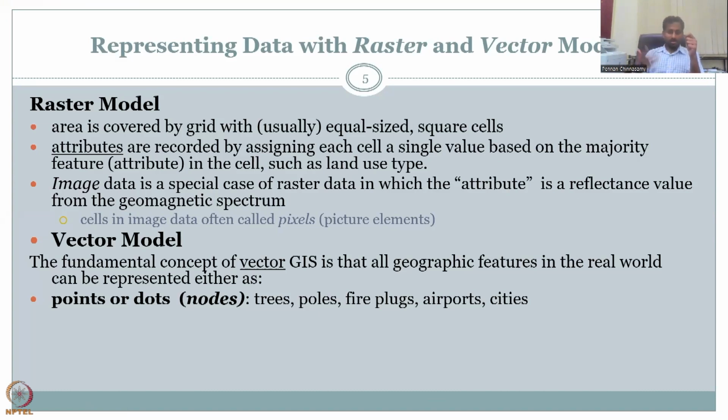The data can be anything, but examples are trees, poles, fire plugs, airports, and cities. That is one type of vector data. The other type of vector data is lines, where you have a combination of points joined together as a line, and the location of the line is also split in different points.